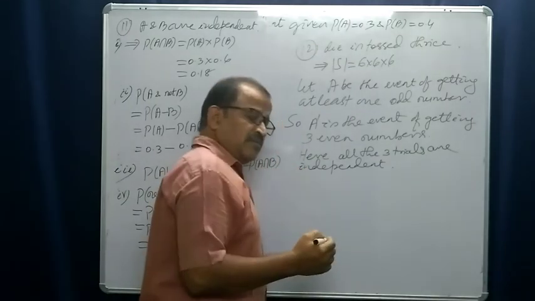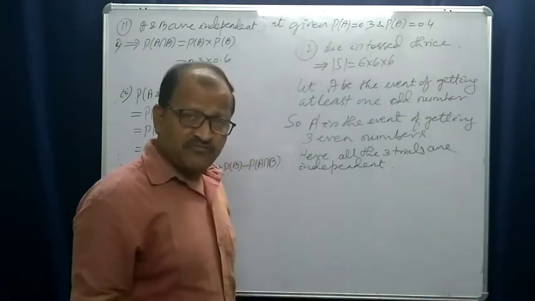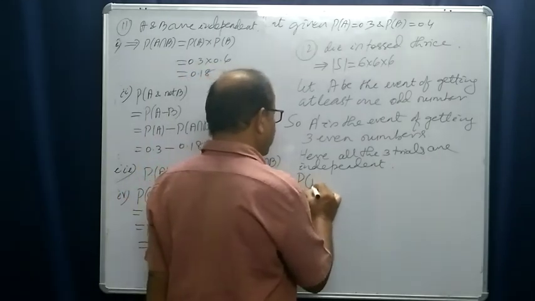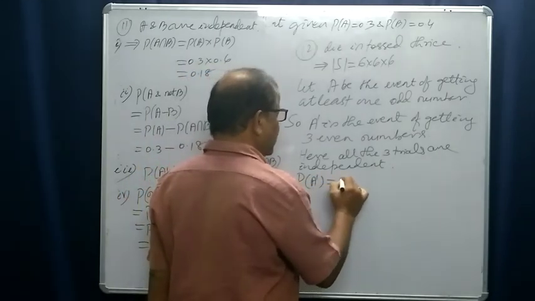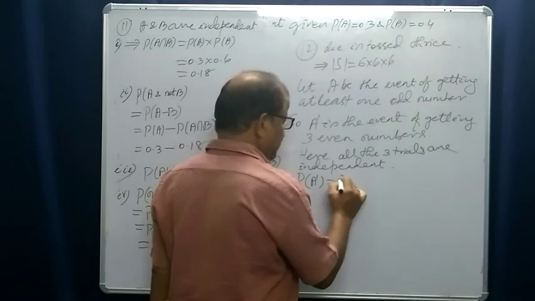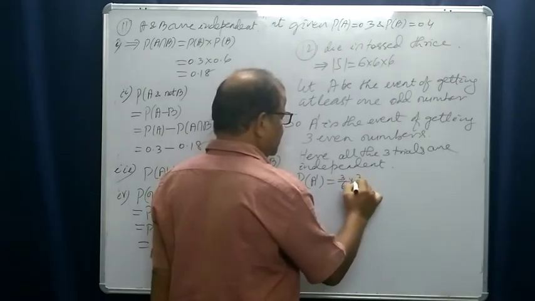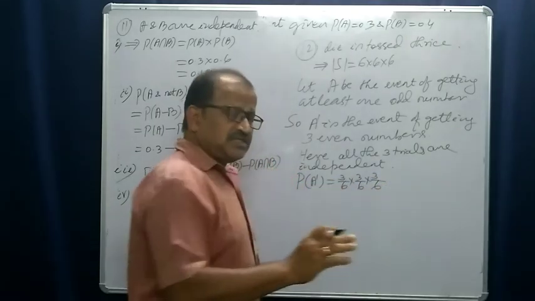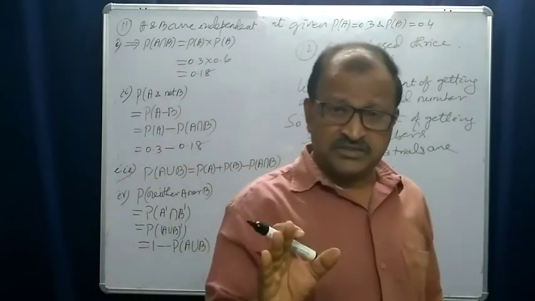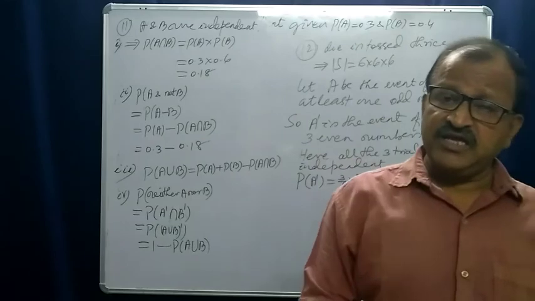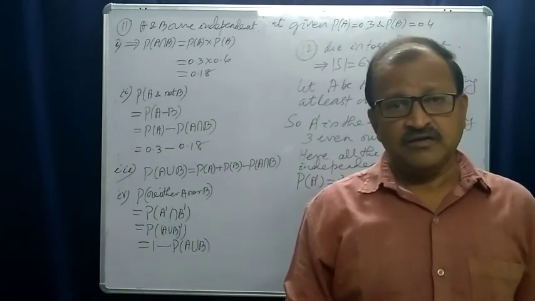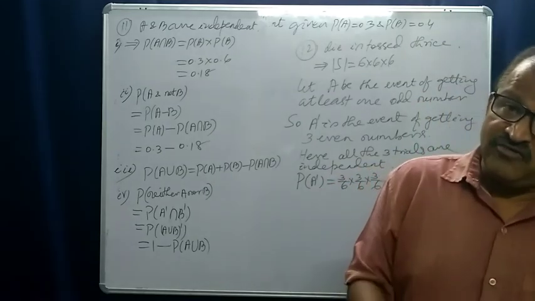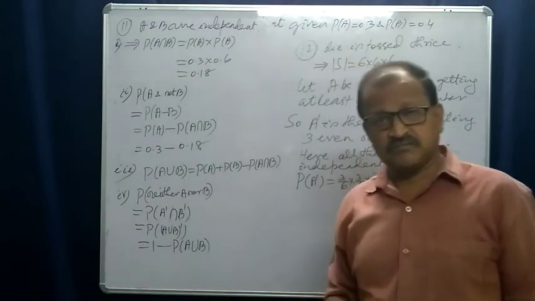So probability of A dash will be 3 by 6 into 3 by 6 into 3 by 6. Because there are 3 even numbers in a die, the probability of obtaining an even number in the first trial is 3 by 6.